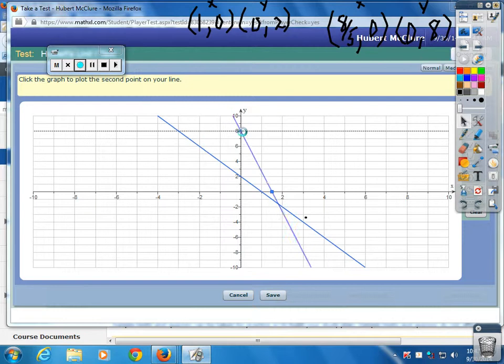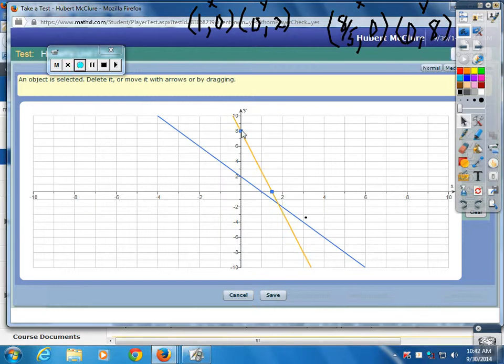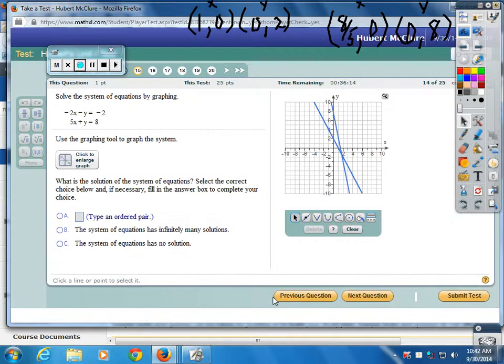See right there. And where do they cross? Somewhere in here, which is 1 and 3/5 and -1 and 3/5. I don't think you're going to be able to do that. I think they're just going to make you graph it. Is this one of the problems on section 1?